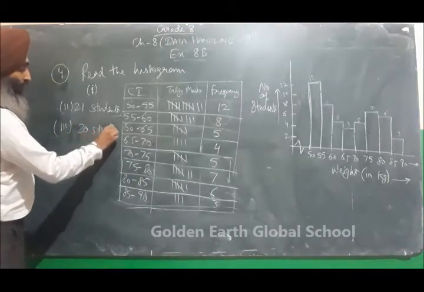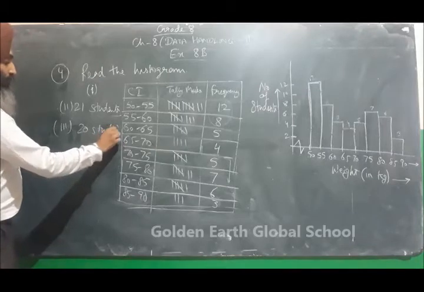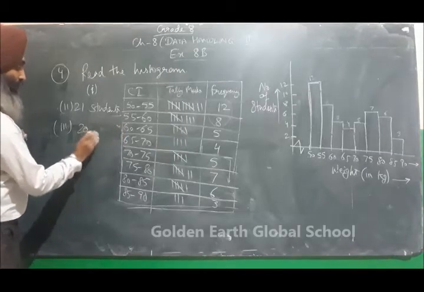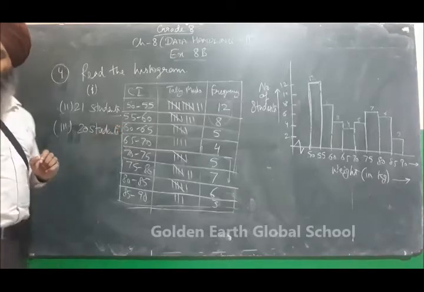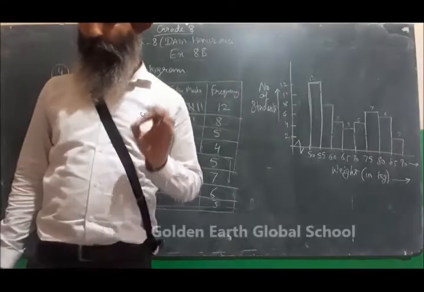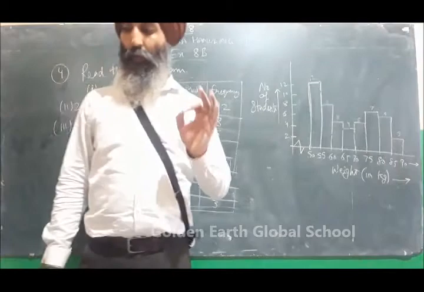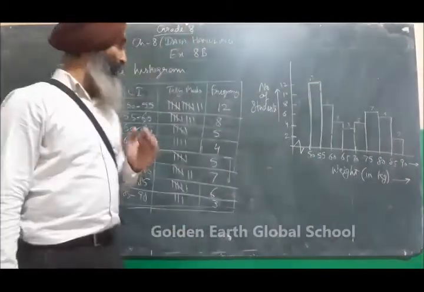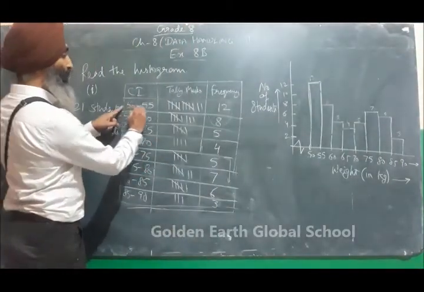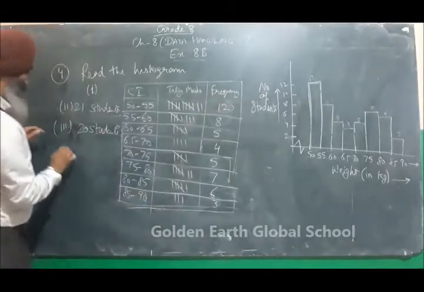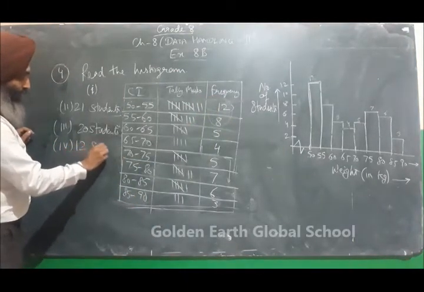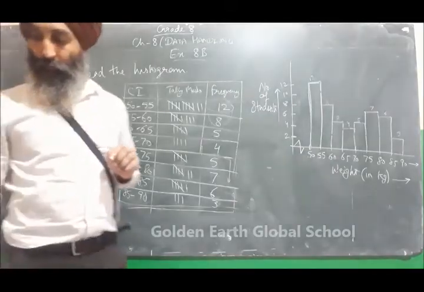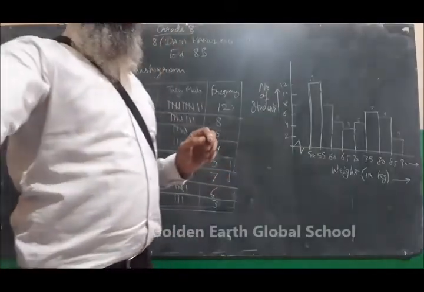Now the next question is how many students are in the range of 50 to 55 kg? There are 12 students. So the answer of this fourth part is 12 students. Okay everyone, so understood about this question.